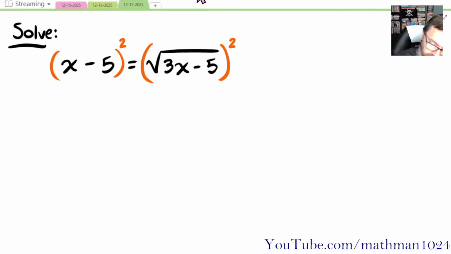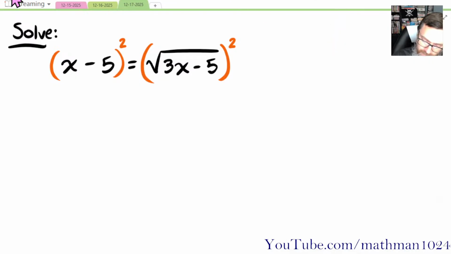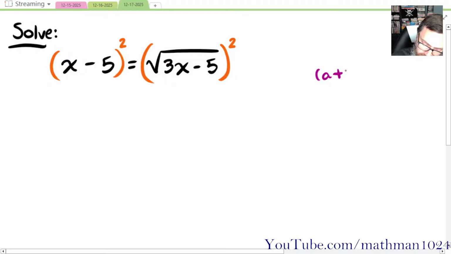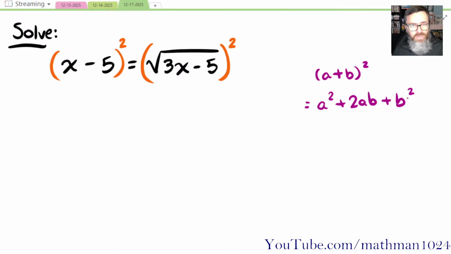And we talked about this the other day: if you have a binomial that's being squared, you get a squared plus 2ab plus b squared. But if you don't like that, you could always take x minus 5 squared and do x minus 5 times x minus 5. Multiply all of that out. FOIL, box method, whatever floats your boat.